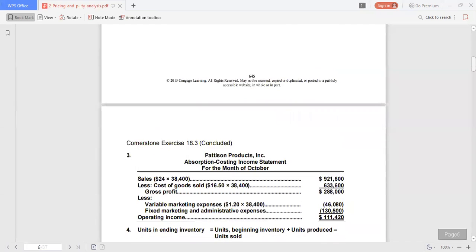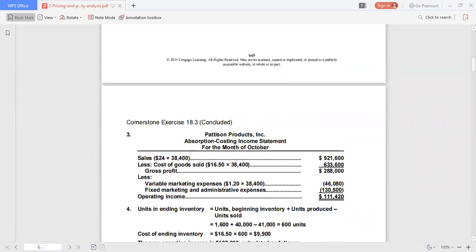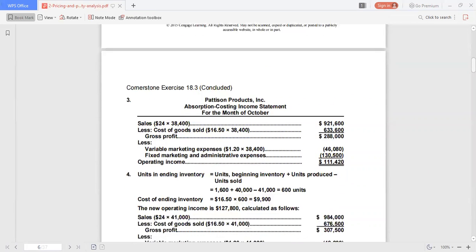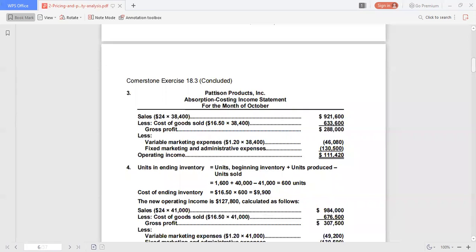Now, for the next requirement, we have the income statement for the month of October, by using absorption costing. So, we have now the sales minus the cost of goods sold, again using absorption costing at 16.50. So, nadala na dira ang fixed overhead. So, we now get the gross profit for absorption costing.